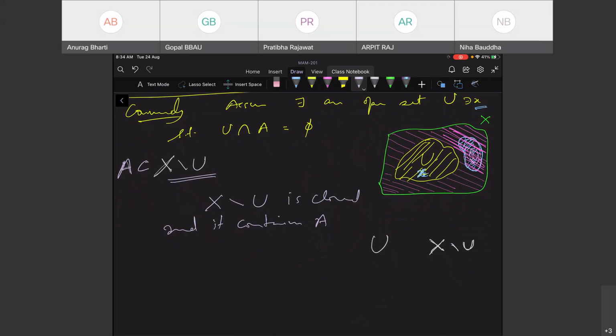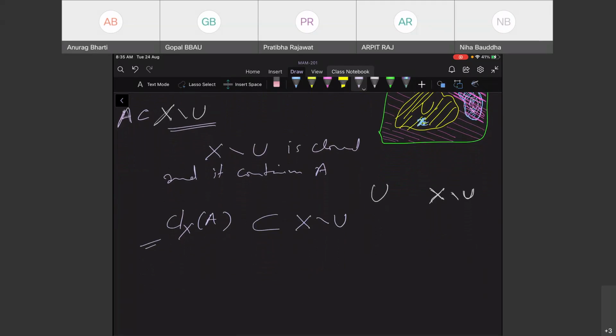And you know that the closure of A in X is the smallest closed set containing A. This means this set is contained in X minus U because this is the smallest such subset.